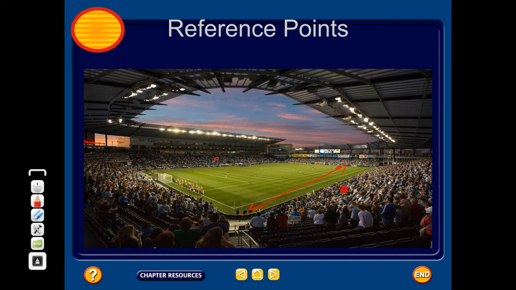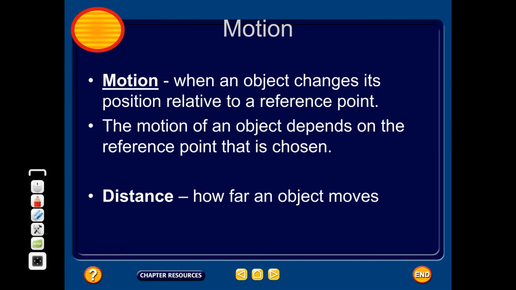If you're sitting on the other side, people running this particular direction would be to the left, this particular position would be to the right. Again, if the person's running this direction, this crowd would think it's running toward him. This crowd would think they're running away from them. So, again, that's the idea of reference points. It's your point of view of what's happening with that object in motion.